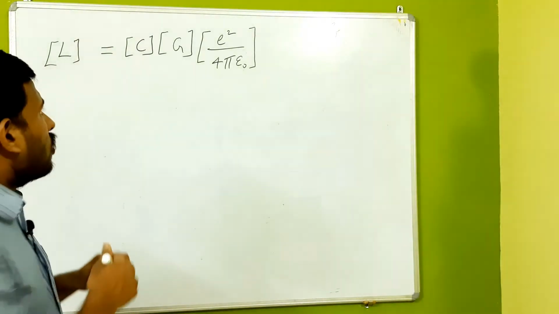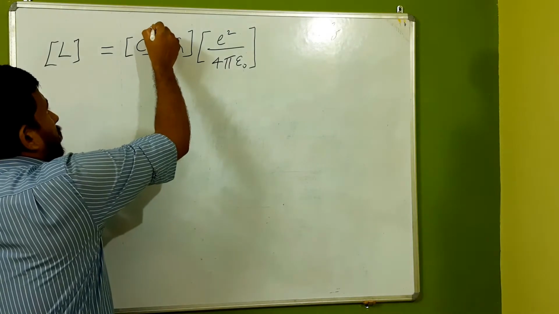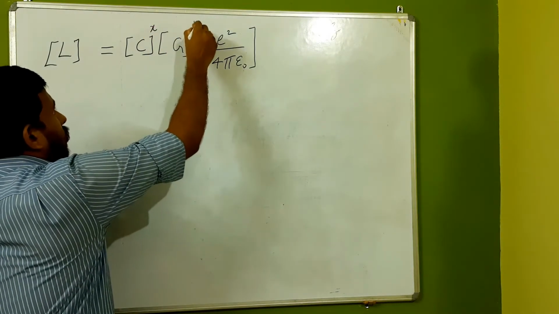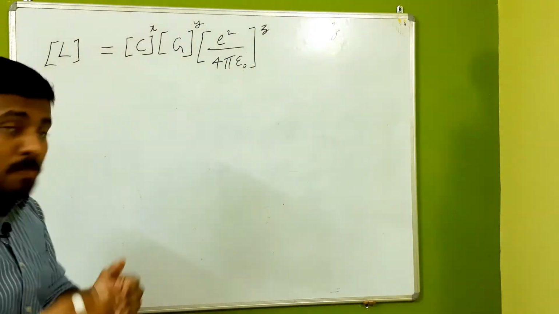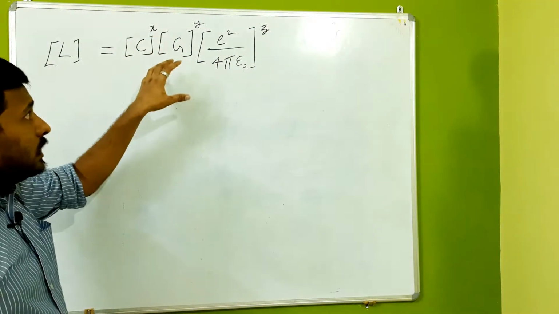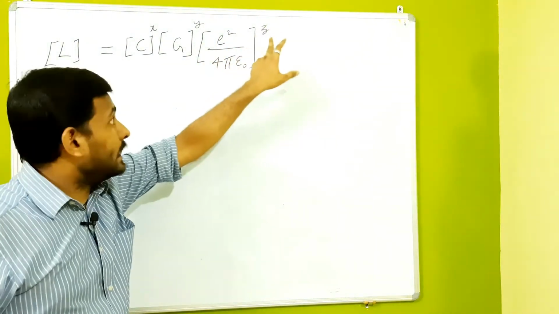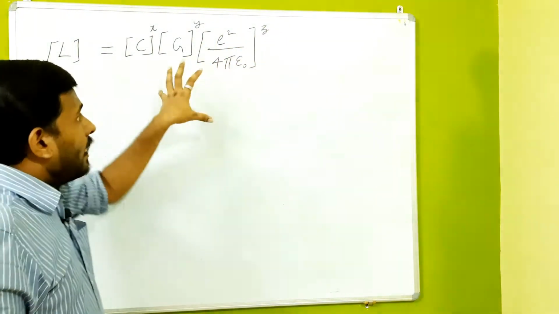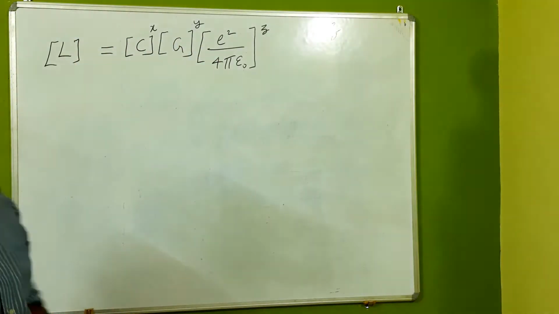So since we don't know, let us put it as x, y, and z. So we are assuming that c to the power x, G to the power y, and e square by 4 pi epsilon 0 to the power z combine together to get a physical quantity that has the dimensions of length.